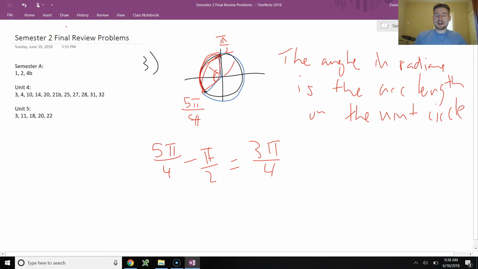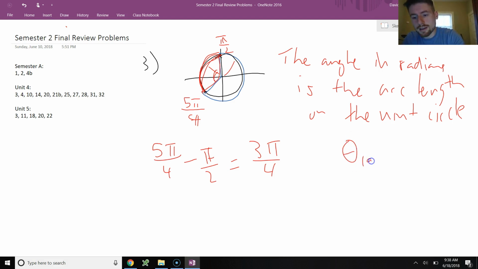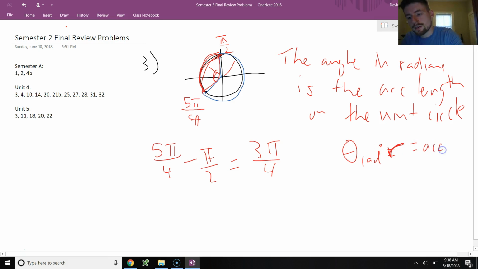Okay? And this is true on the unit circle, arc length. So theta in radians times the radius is equal to arc length. If it's not on the unit circle, you just scale it by r.